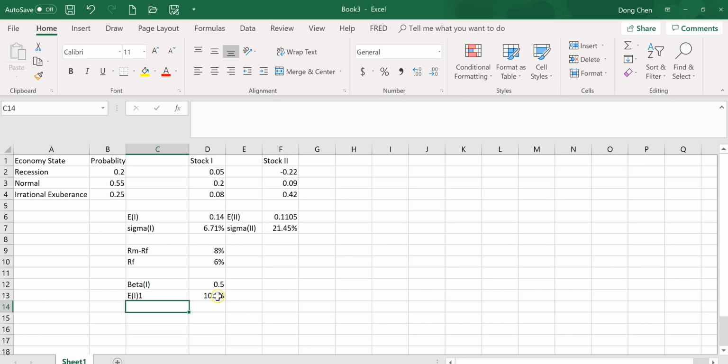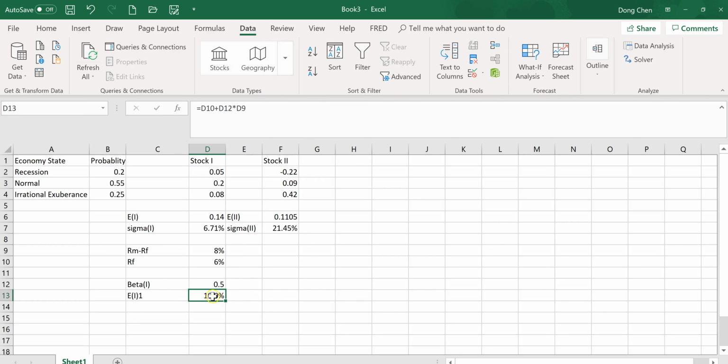This is expected because, as I said, this is just arbitrarily chosen. But I want to use a function within Excel to solve for the beta, which makes this expected return for stock 1 exactly equal to this actual expected return.